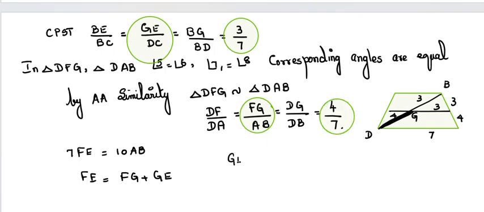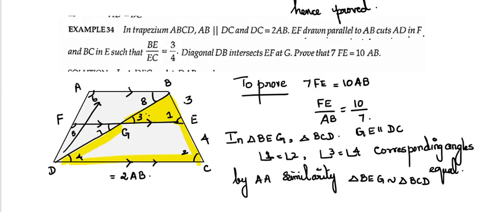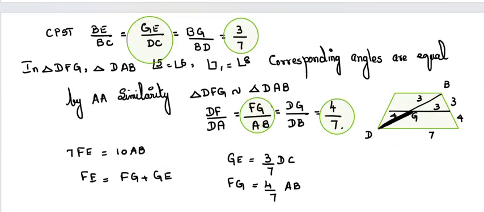So GE is equal to 3/7 of DC. FG is equal to 4/7 of AB. In the beginning of the sum, they gave DC as what? 2AB. Substituted that here.